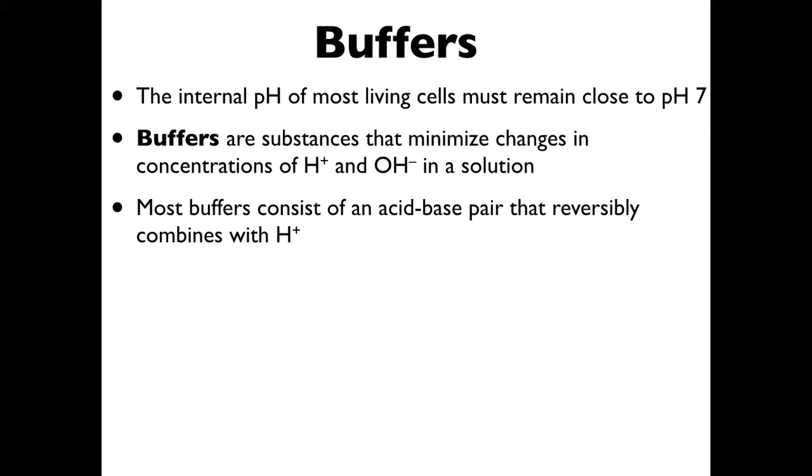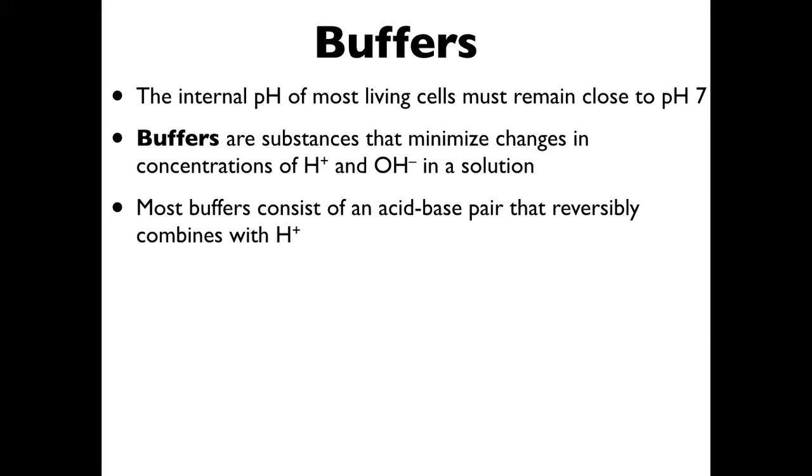A buffer is something that helps an aqueous solution, a water-based solution, resist changes in pH by basically acting like a sponge that will absorb extra hydrogen when hydrogen levels get too high, and that will release hydrogen when hydrogen levels get too low.